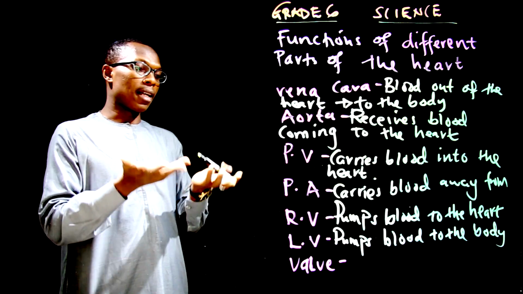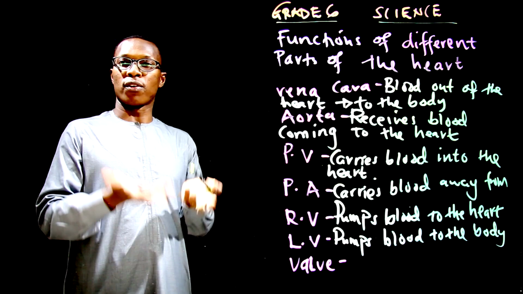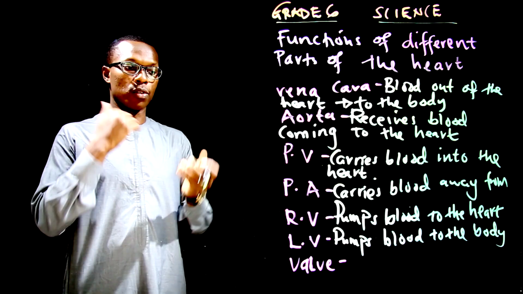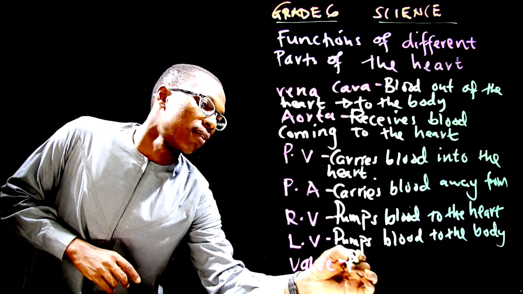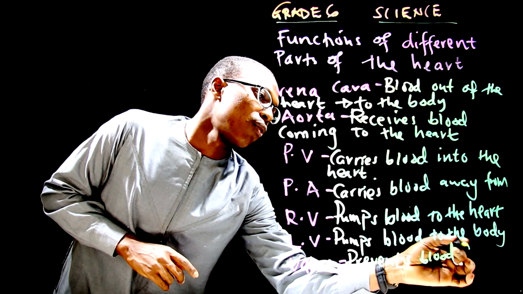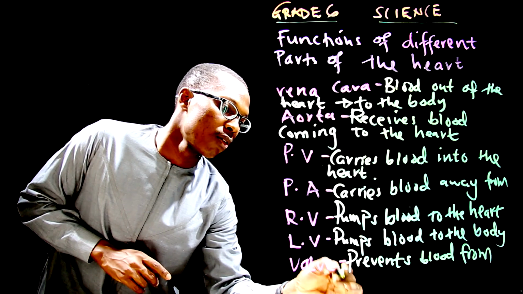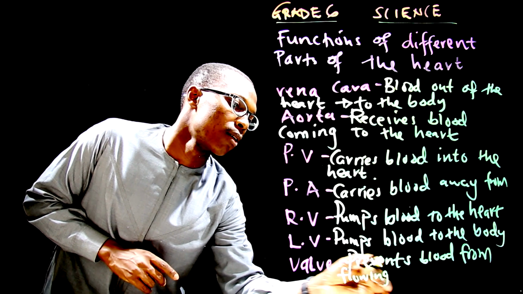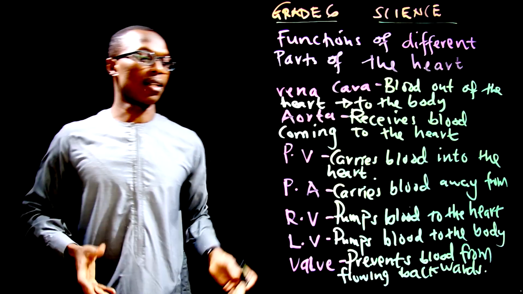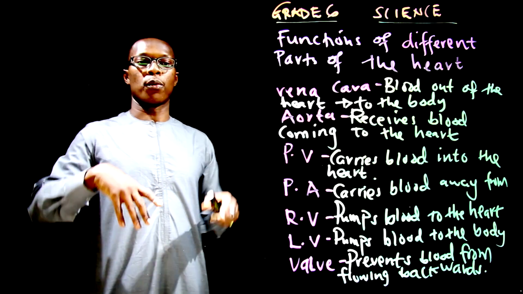These valves are the ones that prevent blood from flowing backwards, because it's coming in and out, in and out. So these really help the blood not to flow backwards.